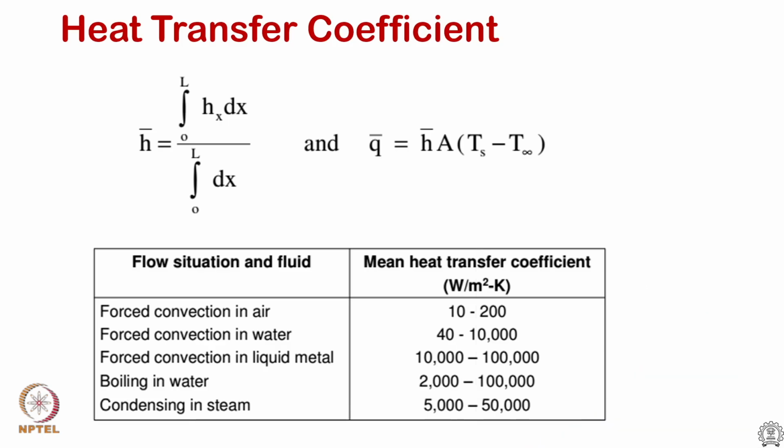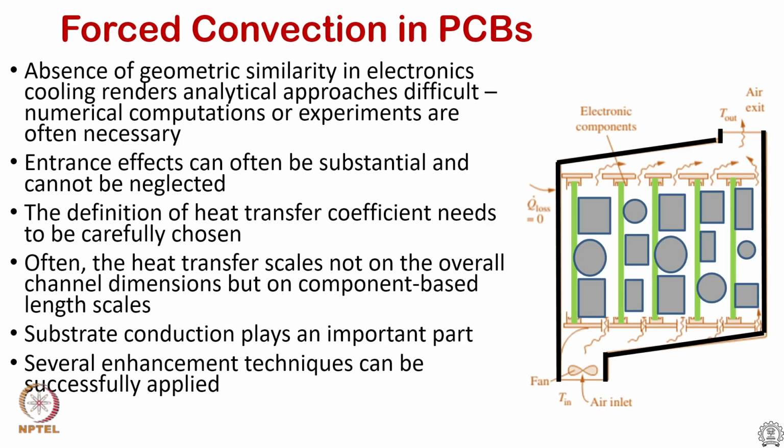But this is at a level when we are talking about a single heat source or a heat source that is manageable. Let us look at a typical situation depicted here schematically. In electronics cooling from a system perspective, this is an example where 5 PCBs are mounted, and you are trying to cool them using a single fan array, and let us say these are some dummy components or heat dissipating components.